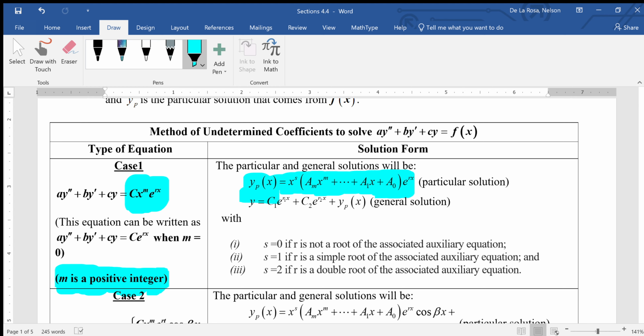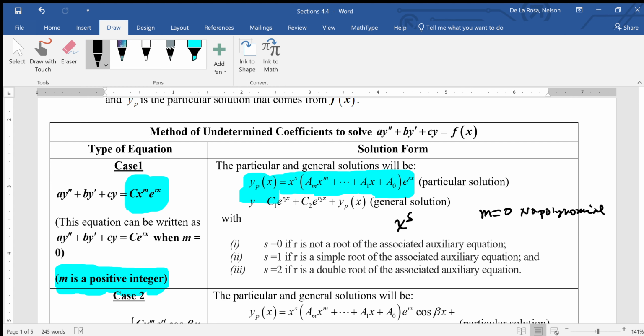Now, something to observe. If m is 0, then we will have no polynomial multiplying, but we may have a term x^s. How can we form this term?